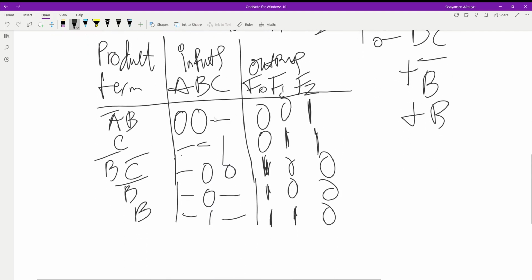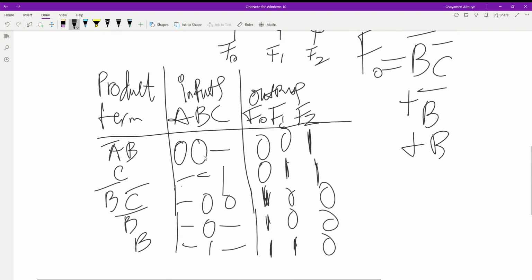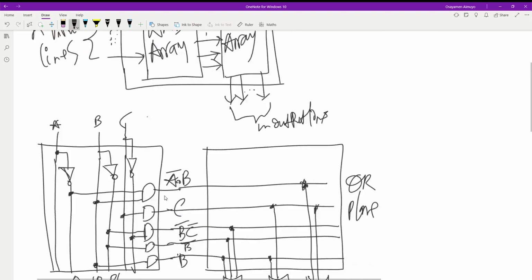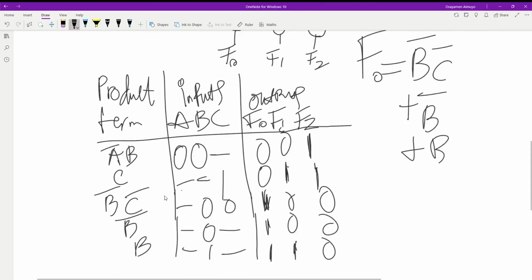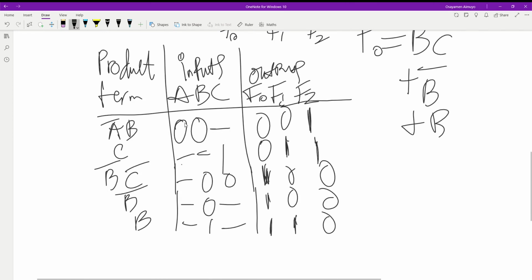Okay. Yeah, so you have your inputs, you have them set up like that. Give me 1 second. So you have your inputs, and C is not included for this term. That's why it's represented as a dash.